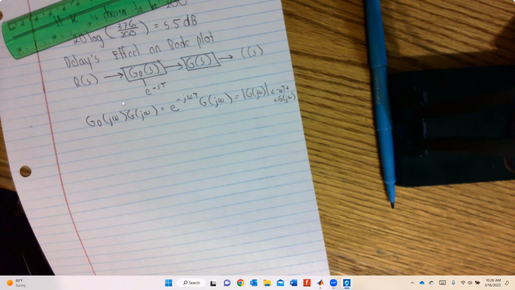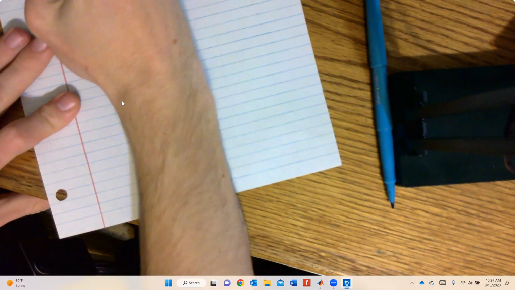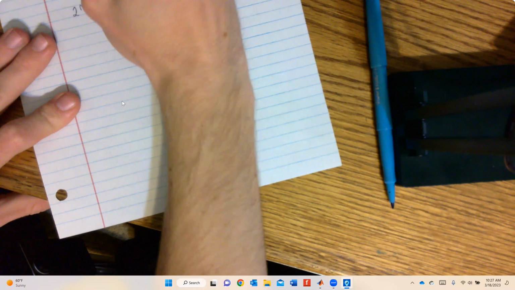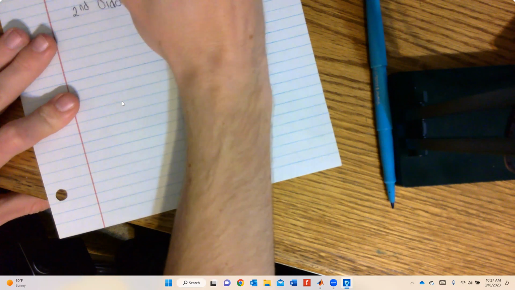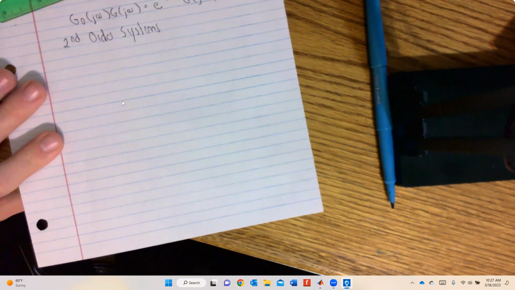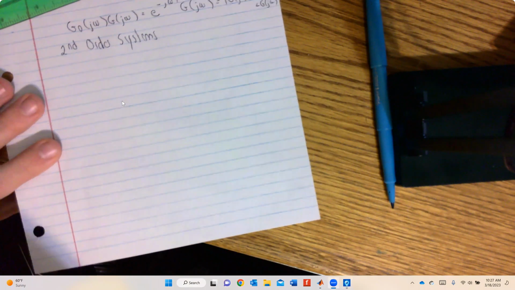And now that we talked about that, let's look at phase margin for second order systems. The nice thing is that the phase margin can be approximated. What do we mean by that?